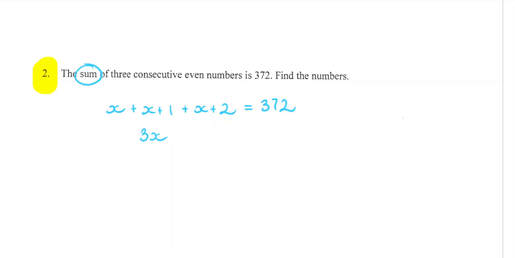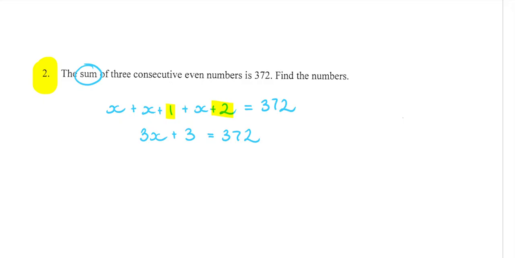Then the 1 and the 2, they are also like terms. What is 1 plus 2? 3. So all that stuff on the left-hand side just simplifies to become 3x plus 3. That is equal to the 372. So that made a much nicer equation.